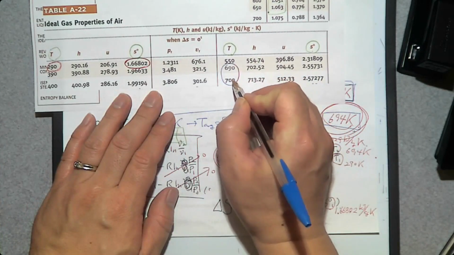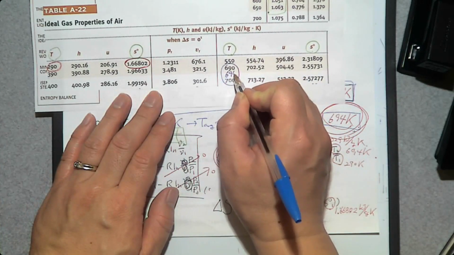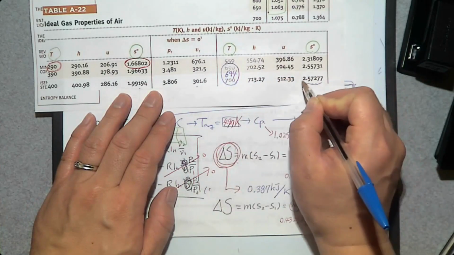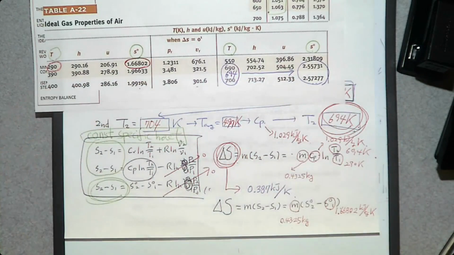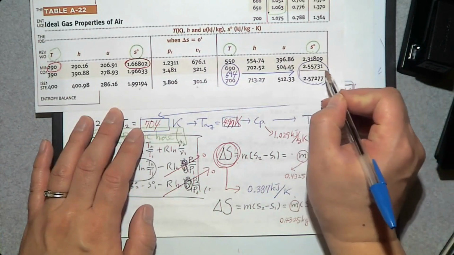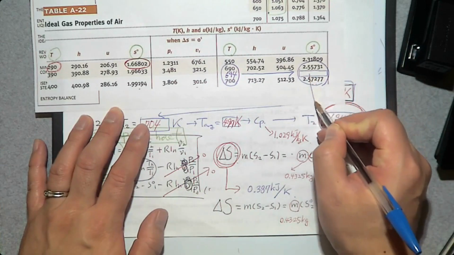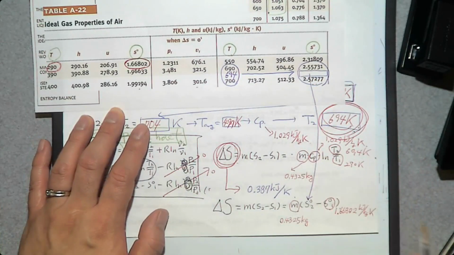So there is 694. So what is S degree at 694? Can you find that? Yes, by using linear interpolation. I don't have it here, so you can find it. And this one goes here.